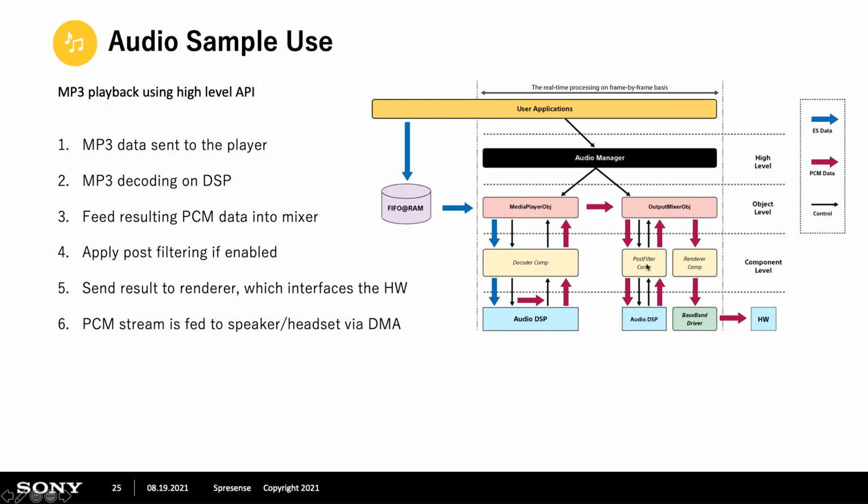And then if we need to add any filtering, again it goes to audio DSP. And then finally, this PCM streaming is going to go to the speaker or headset via DMA. This is just to show you how we can play back and what is happening inside.